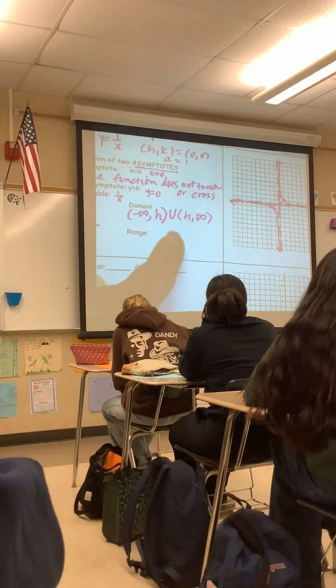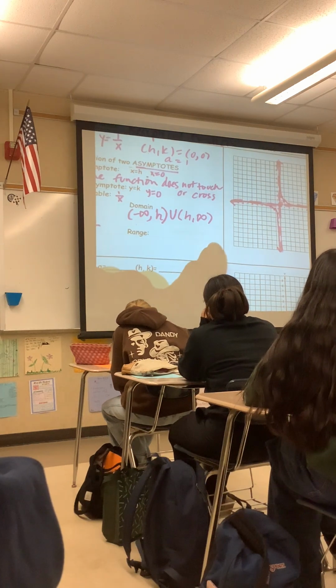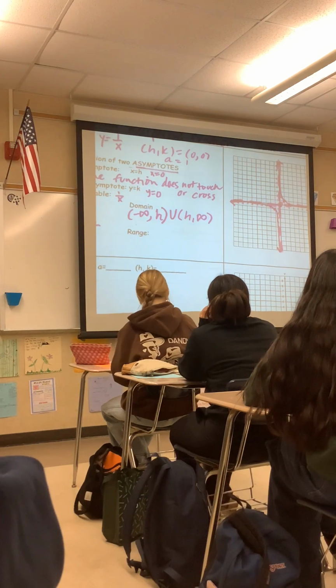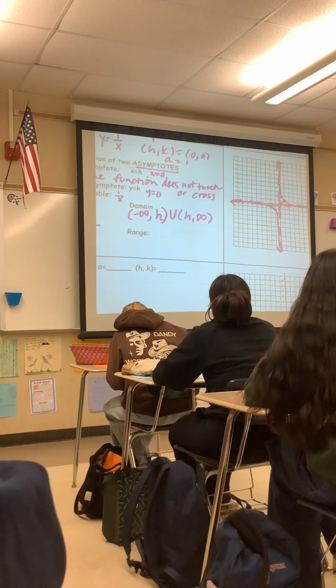So if this is how we wrote our domain using h, please write in the range, but use k instead. That's just like a formula, right? So if you already have it, yes, because these are your notes.